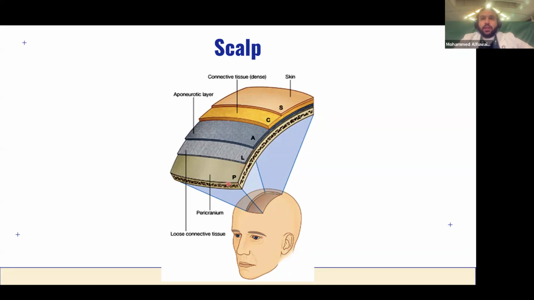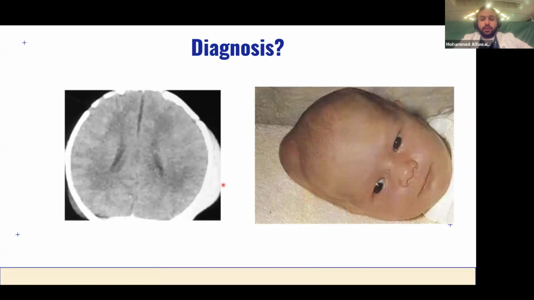Below the pericranium, let's just say if you have a collection of blood below the pericranium and on the skull, what do we call this? Cephalohematoma, which is this. Now, when does this happen? This happens during delivery usually.